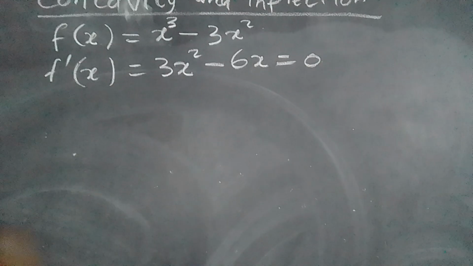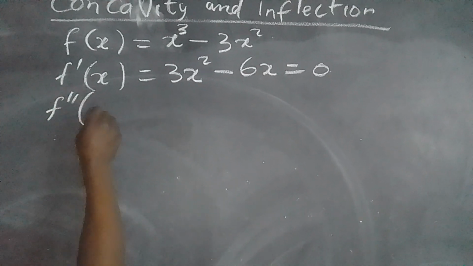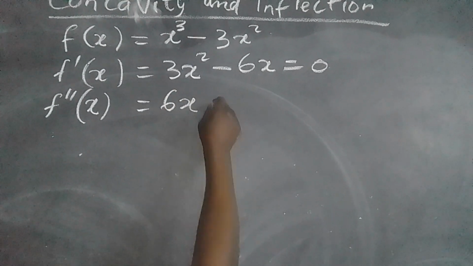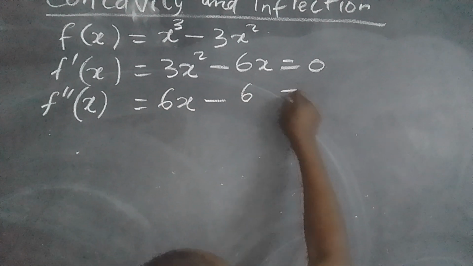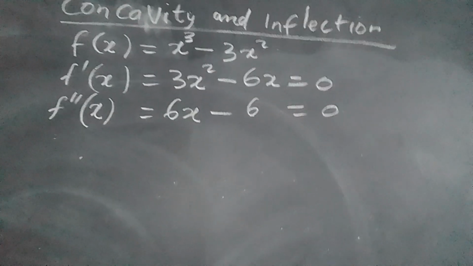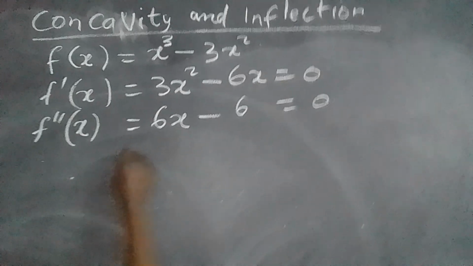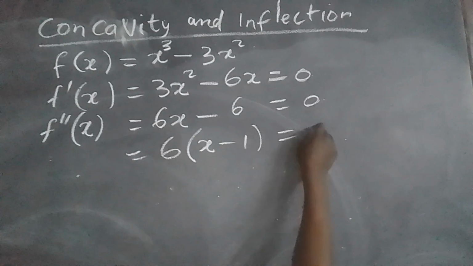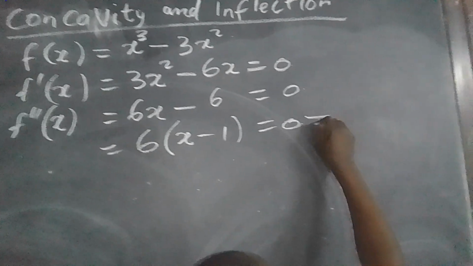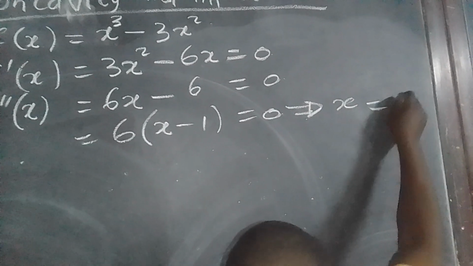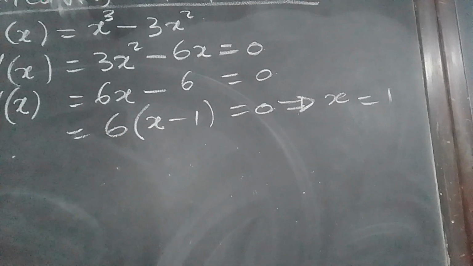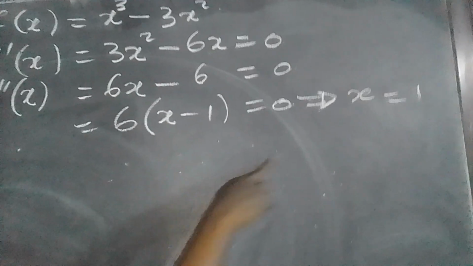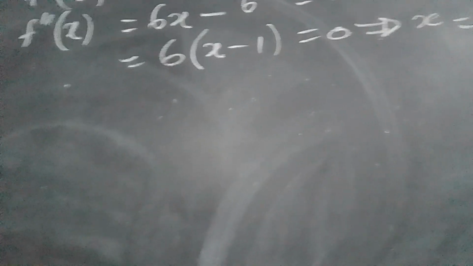Now we go for a second derivative. The second derivative is going to be 6x minus 6. At some point this is equal to 0. Now we find the value of x. 6x minus 6 is equal to 0. It means that x is equal to 1. At some stage, you don't say at 1 that's where the inflection takes place.